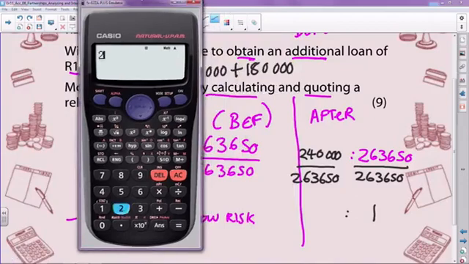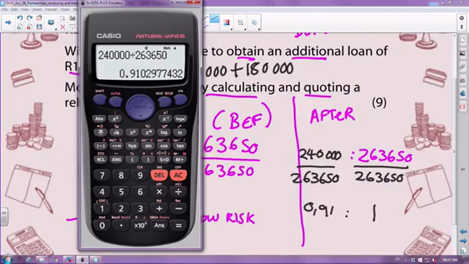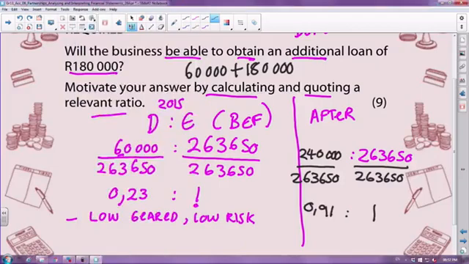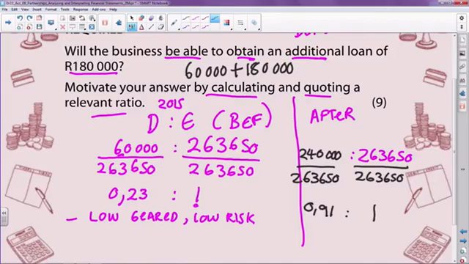I'm now getting 0,91 is to 1. Right, now what does this tell us?